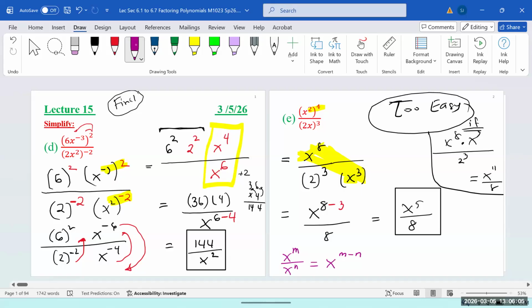But if n is bigger, then it will be 1 over n minus m on the denominator. So here, our denominator was bigger, so the result is on the denominator. Here, the numerator is bigger, so the result is on the numerator. So you always have to subtract in division, but the position depends on which one is bigger. If the numerator is bigger, the answer has to be on the top. If the denominator is bigger, the answer has to be on the denominator.